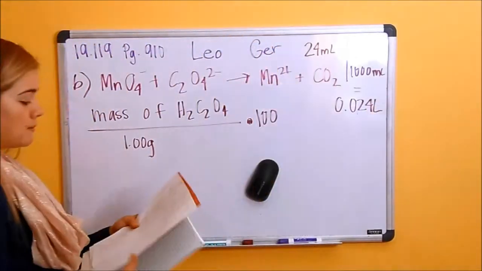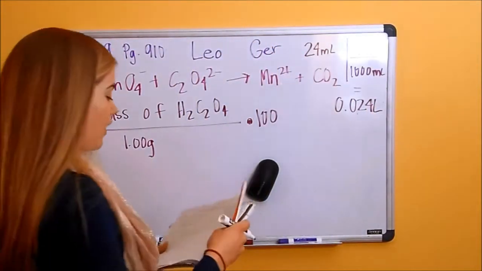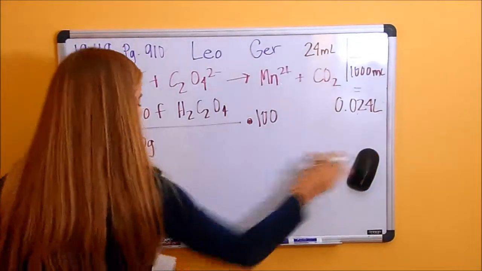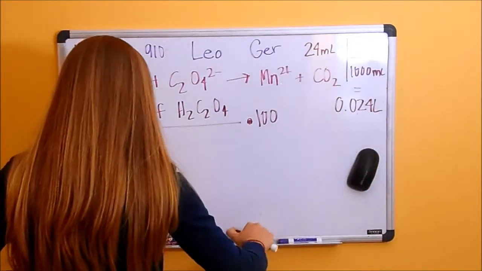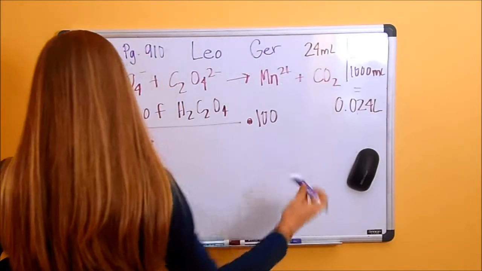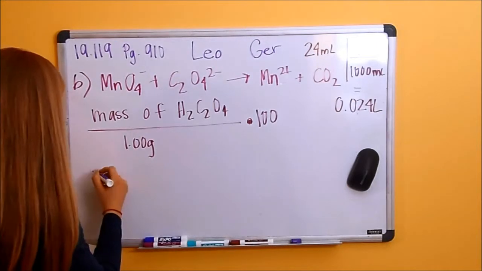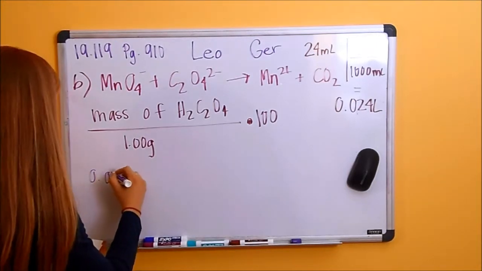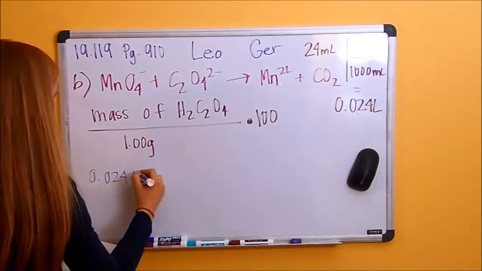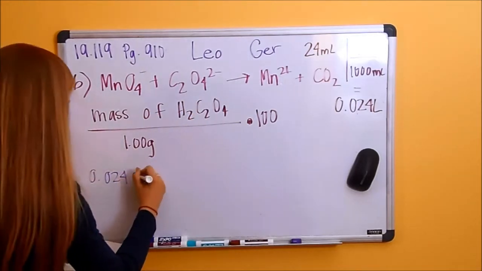So that's the value we're going to be using for the volume. So let me start using different colors so this doesn't get as confusing. We're going to take the 0.024 liters, and actually if we kept all the significant figures then it'd be 0.0240 liters.